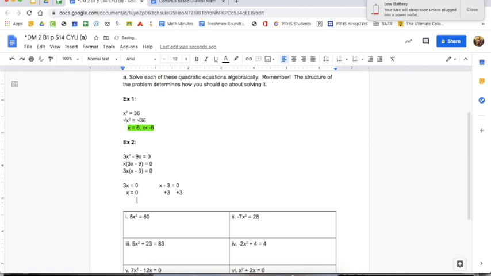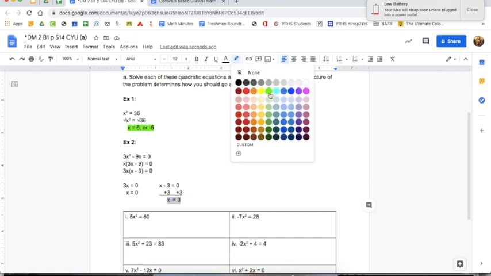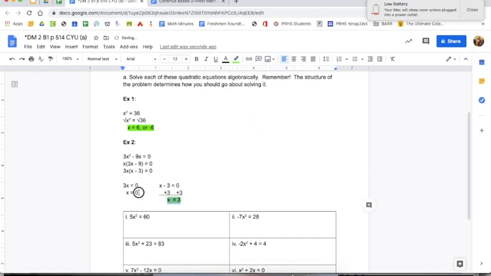And hopefully you can see that the answer would be, well, x equals positive 3. The two answers to this problem, which you can verify by plugging them back into the original, are x equals 3 and x equals 0.